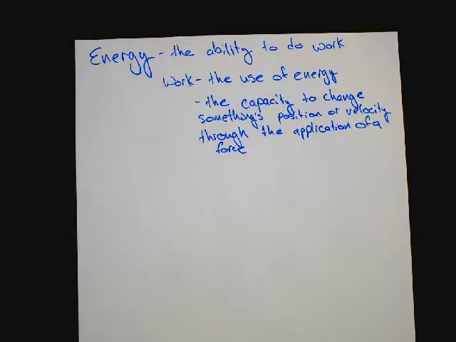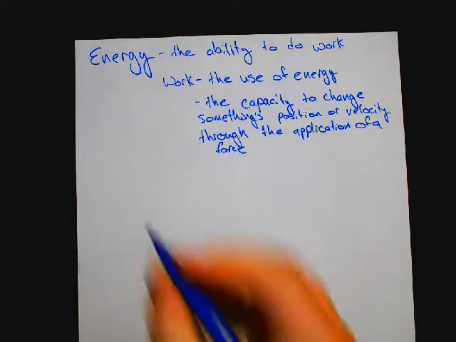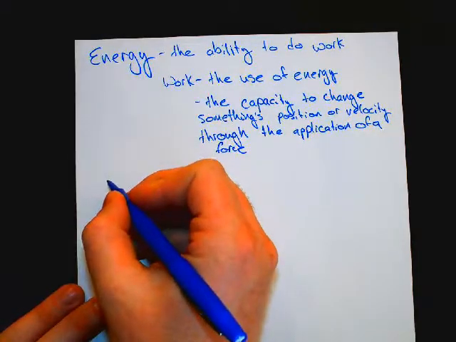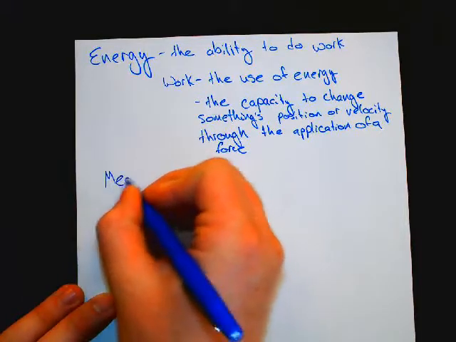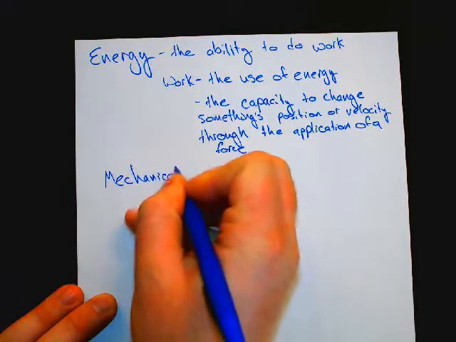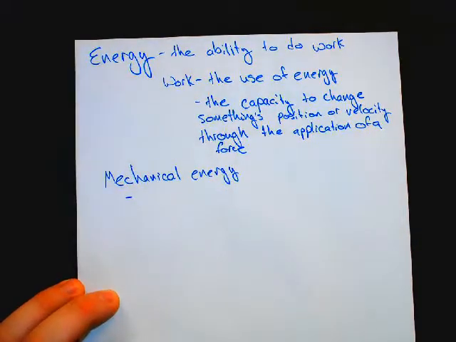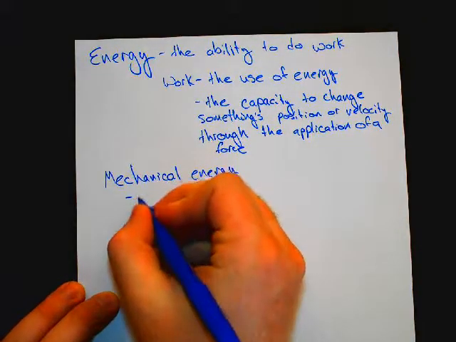Not exactly convenient. When we talk about energy, we typically categorize energy into two large groups: mechanical energy and non-mechanical energy. Mechanical energy is any energy that has to do with something's position or velocity.